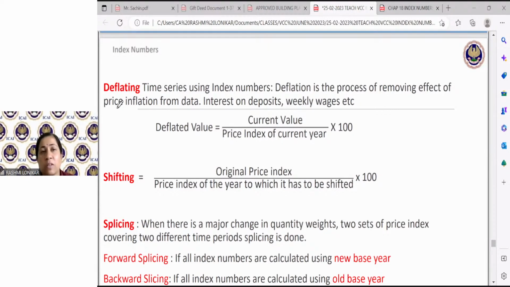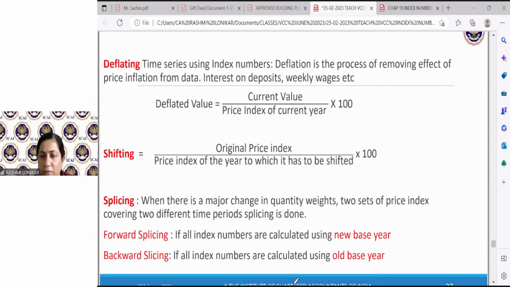So we are interested in knowing about the data without the effect of inflation. So deflated value is current value upon the price index of the current year, into 100. Shifting, what happens is original price index upon price index of the year to which it has to be shifted. Okay. So these questions can come for your theory.